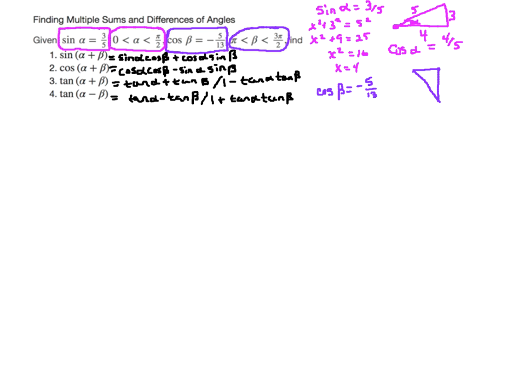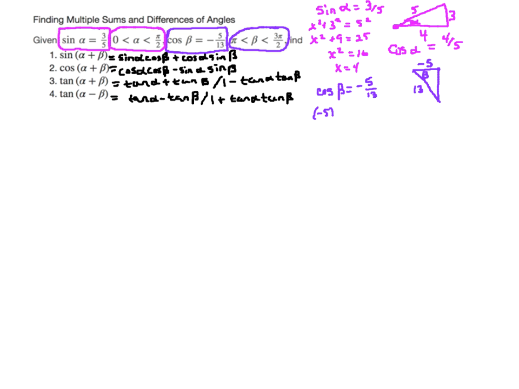The cosine of beta is the adjacent over the hypotenuse, so this has got to be beta. This is -5 here because I had to move 5 in the negative direction to get there, and then my hypotenuse is 13.